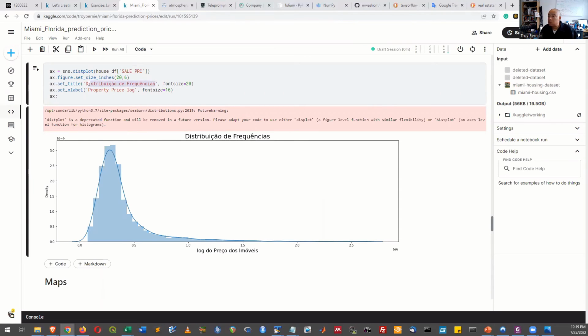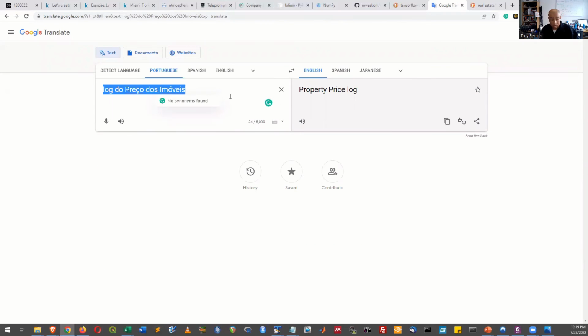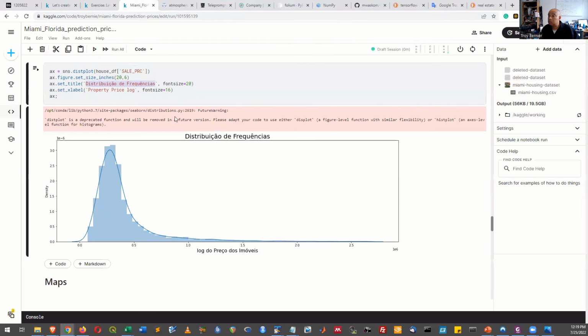Distribution of frequency. So this is a frequency distribution. Let's run it again. Frequency distribution for the property price.